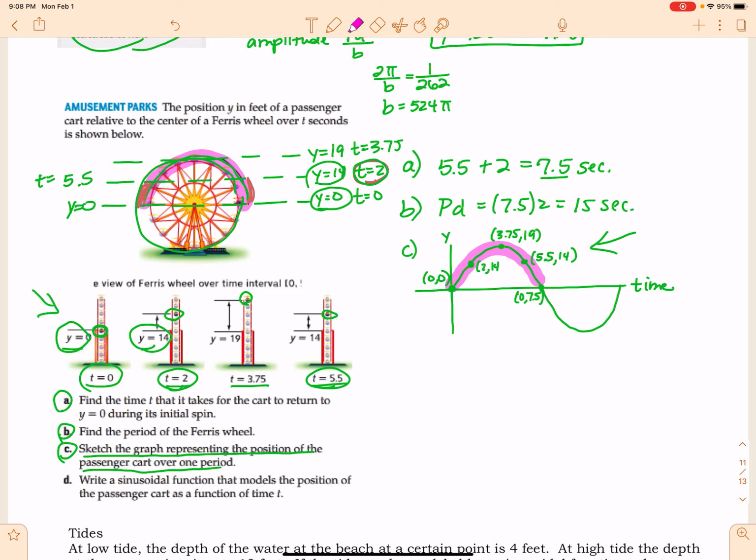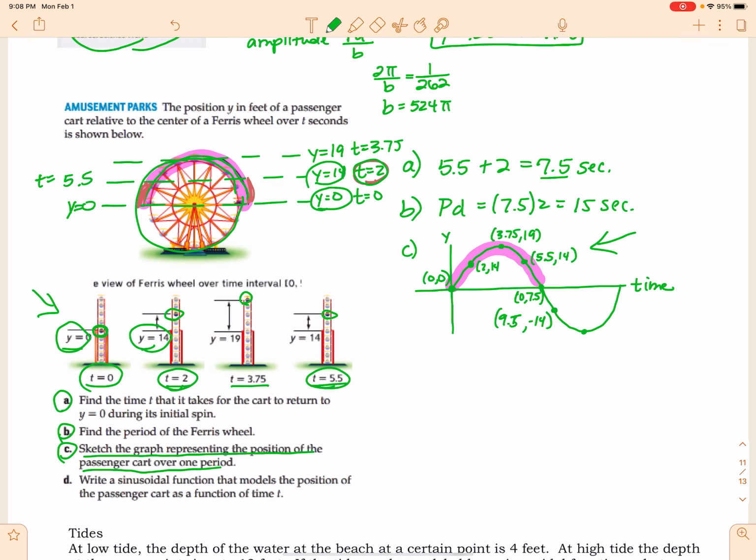Okay, so as we move down, notice that we're dipping underneath the x-axis. That means the y values are going to be negative. But time continues to pass. So it passes at the same intervals that it's passing up here above the x-axis. So as I continue down to this value, it will be negative 14, but how many seconds does that take? It takes another 2 seconds, so 9.5 seconds.